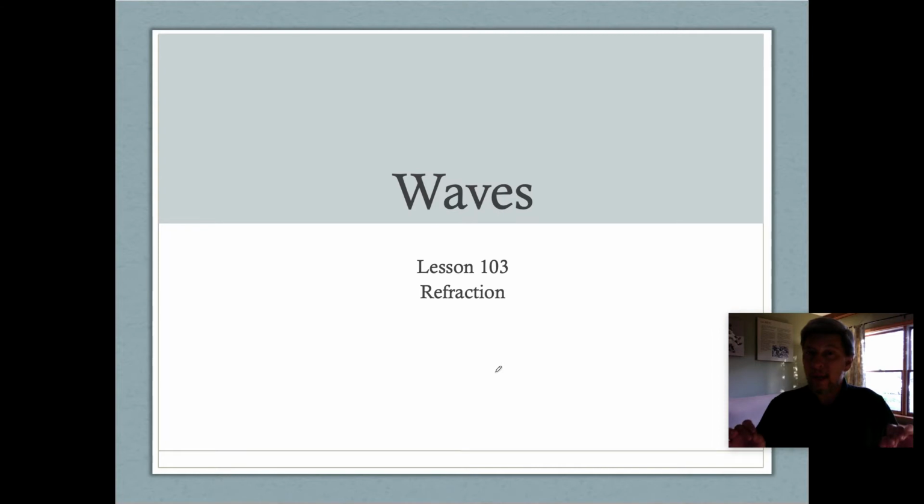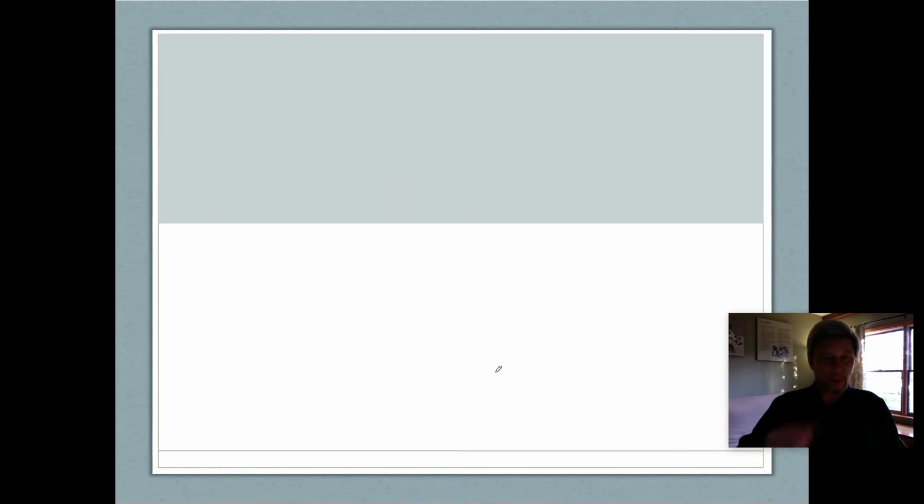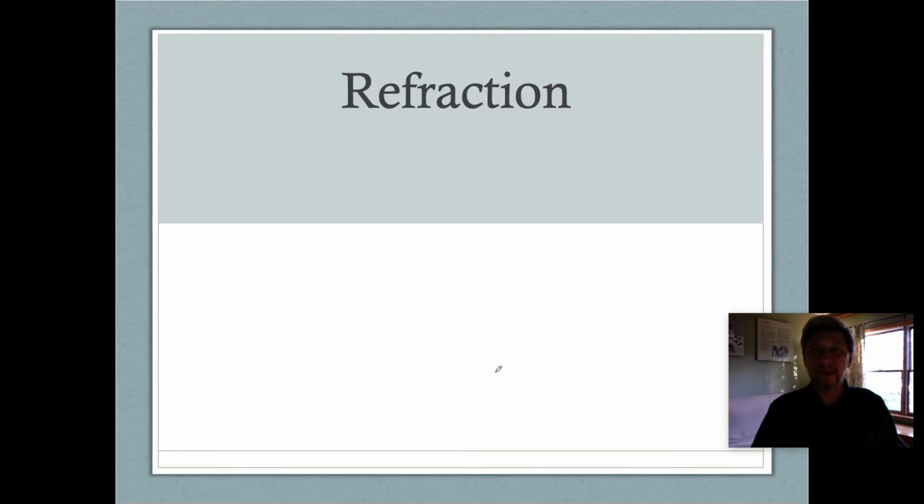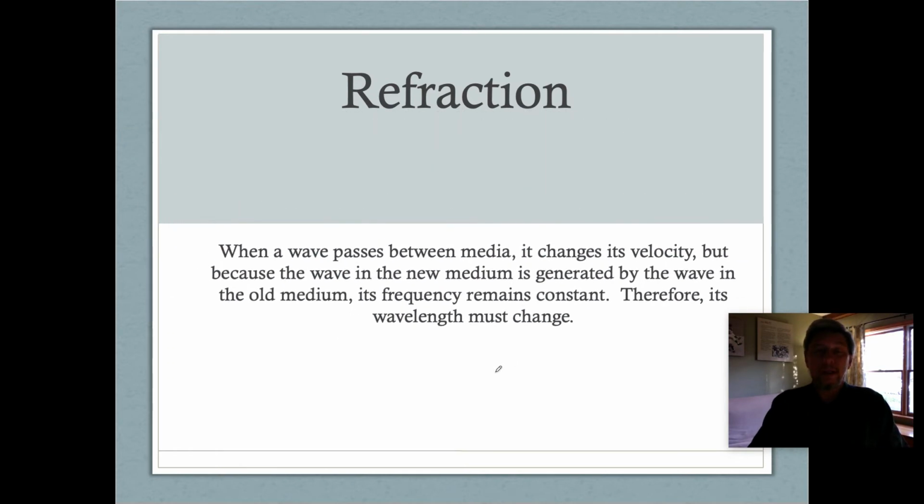Now, when a wave strikes the boundary between two different media, it can either be 100% reflected, it can be 100% refracted, or it can be some combination of both, and there can be some absorption. So we're going to cover most of those options over the course of the next few lessons.